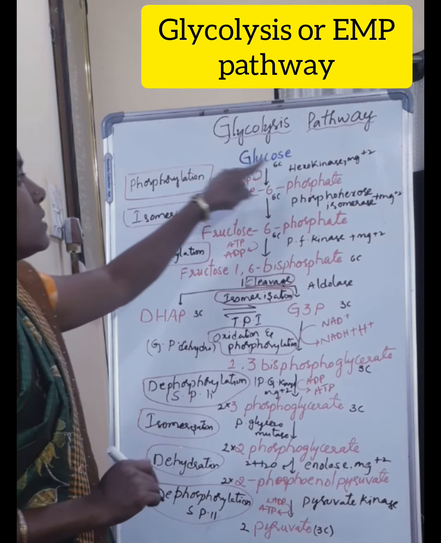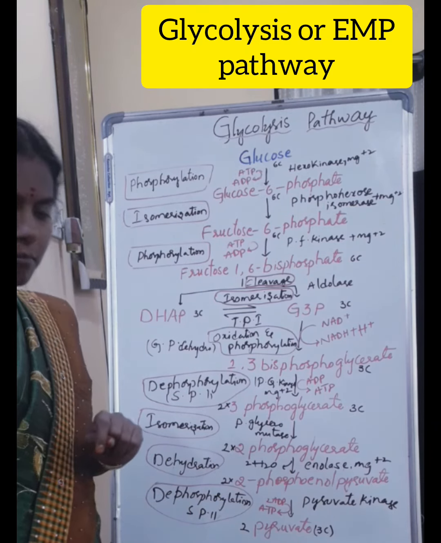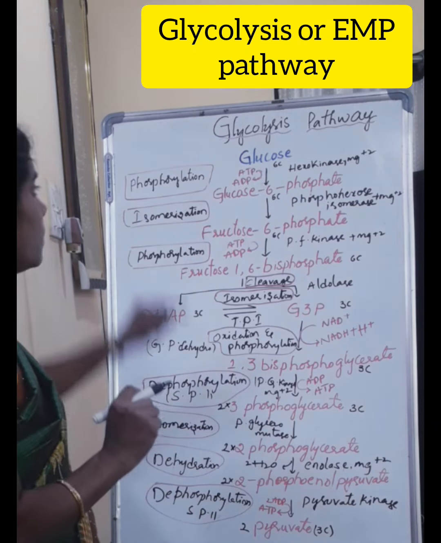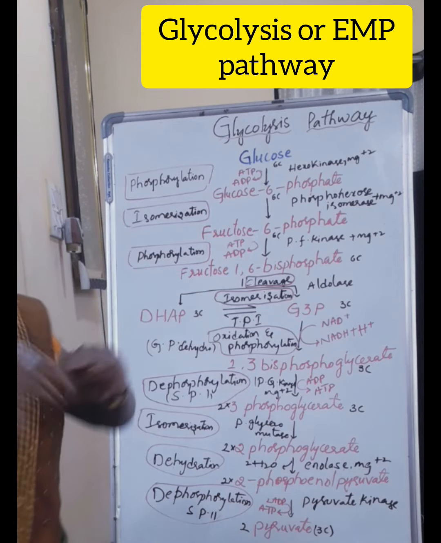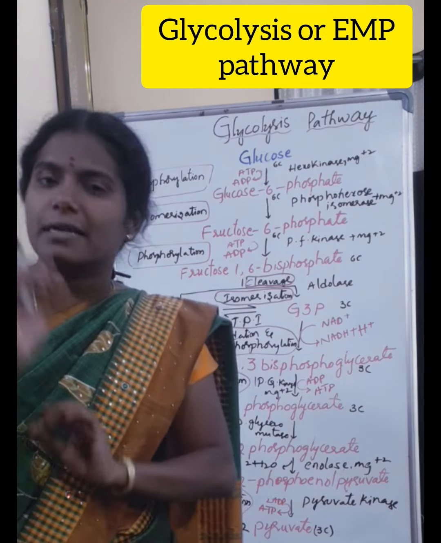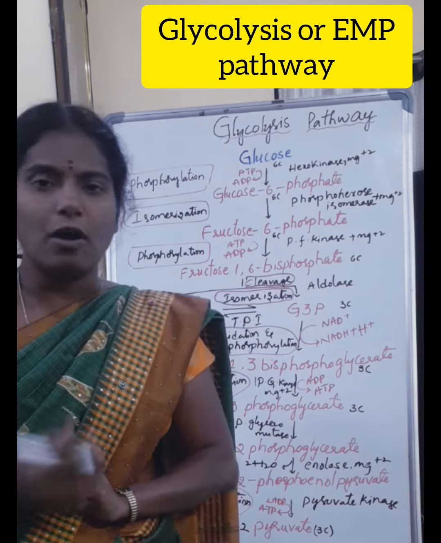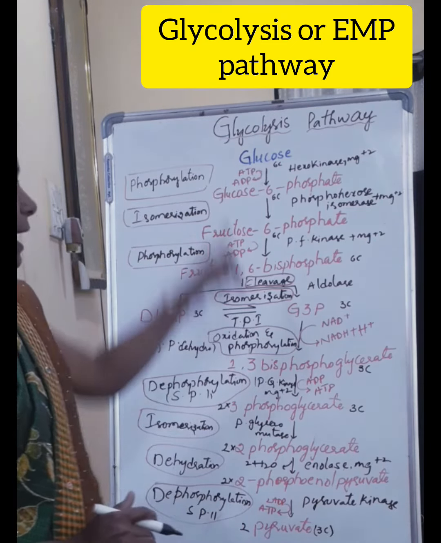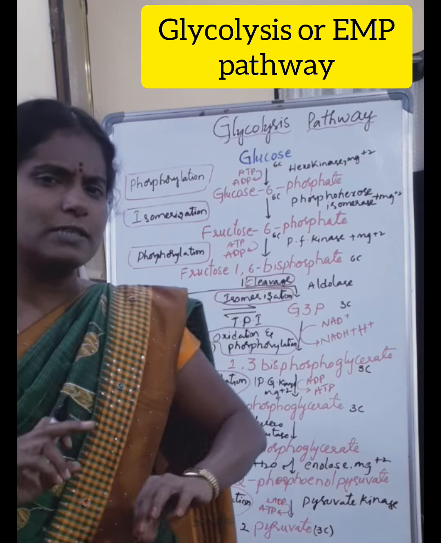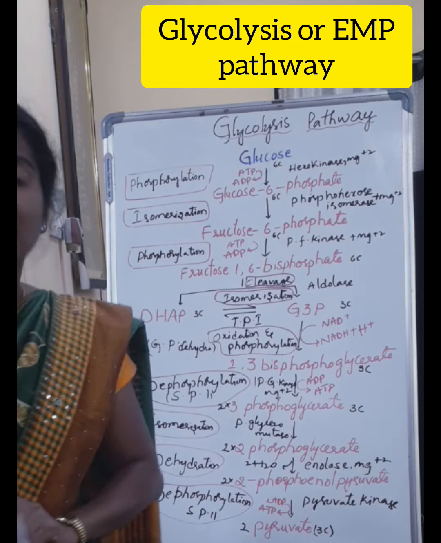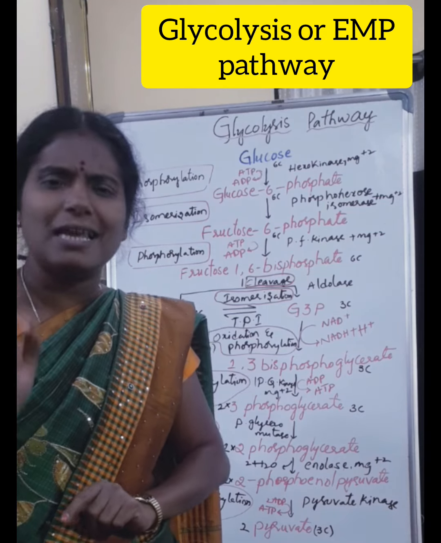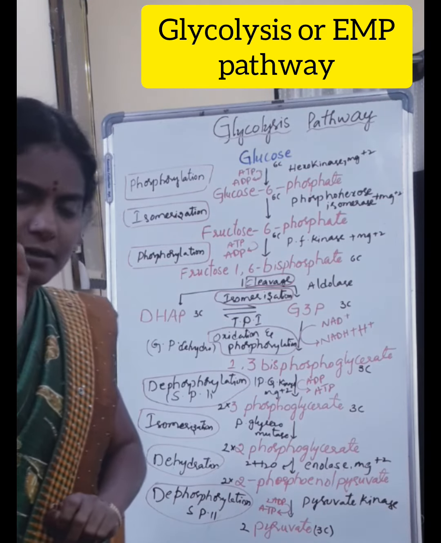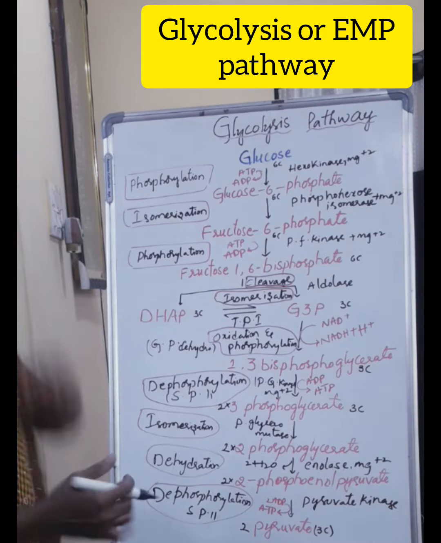This 6-carbon glucose molecule goes through the process of glycolysis, which is very important for long answer questions. By this pathway, you can easily remember. If you watch my video from start to end, I will give you the very easy and important steps involved in glycolysis.